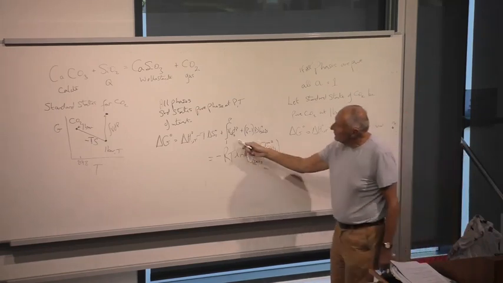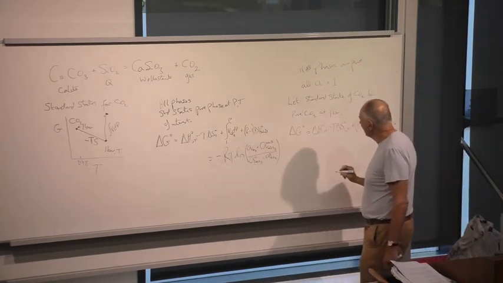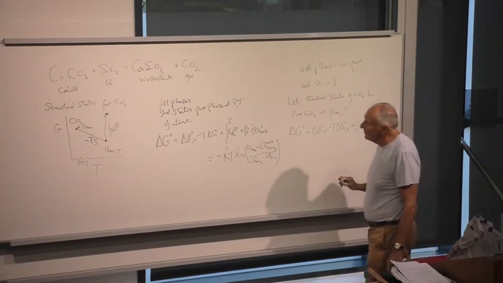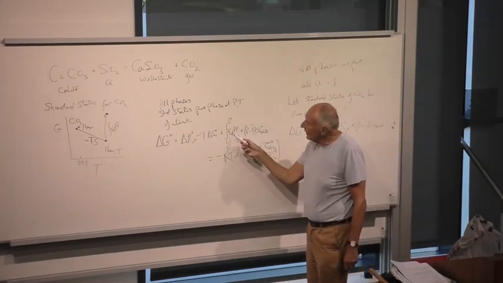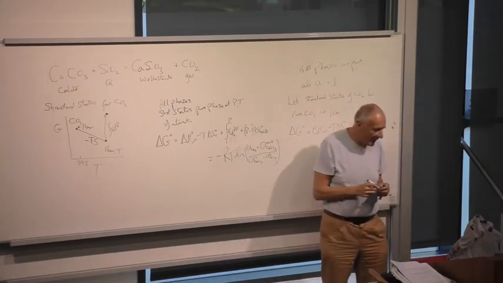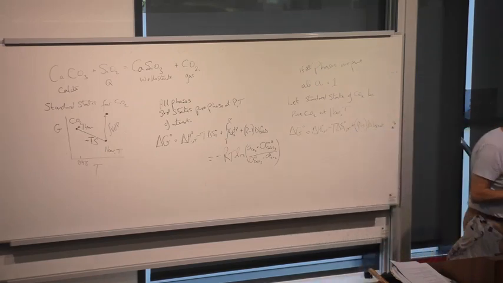But this term disappears from delta G0 because it's no longer our standard state. Our standard state is at 1 bar and T.